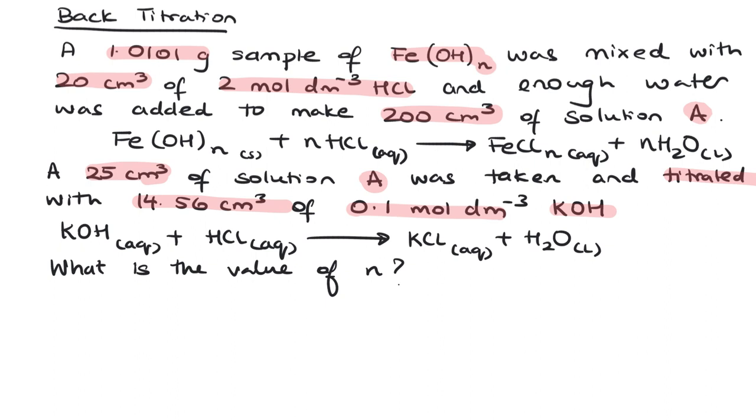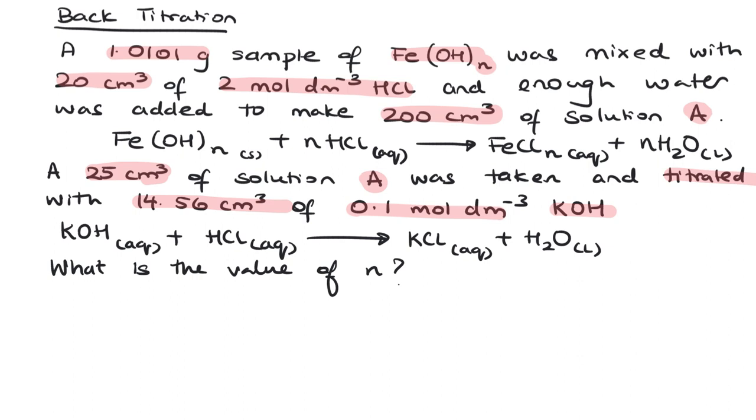We are working out something unknown about a reactant in our original solution. This is a typical back titration question where we use our titration measurements to work backwards and figure out how much HCl would actually react with Fe(OH)n.